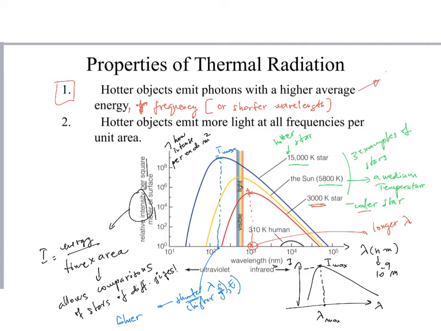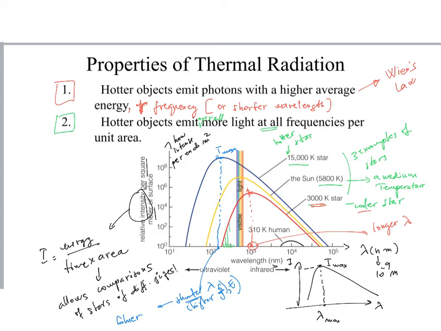We're also going to meet it as Wien's law, because Wien was the scientist who was able to quantify this. The other law, number 2, says that hotter objects emit overall more light at all frequencies, per unit area. That's what I meant by overall. As you can see, the red curve is always lower at all these wavelengths.